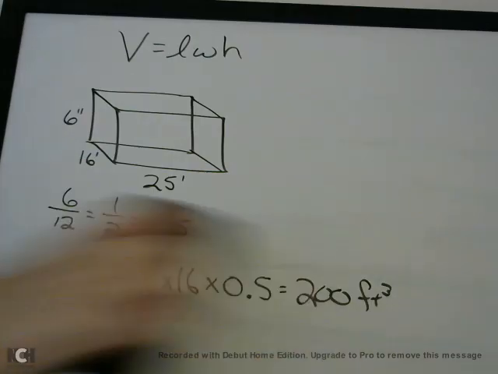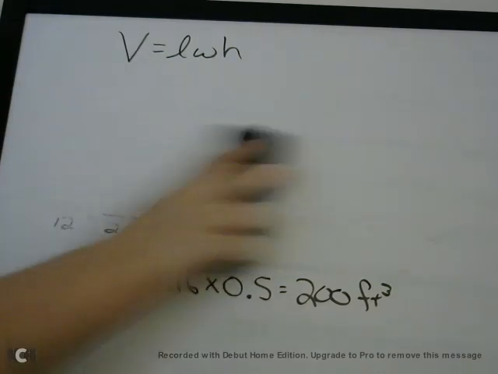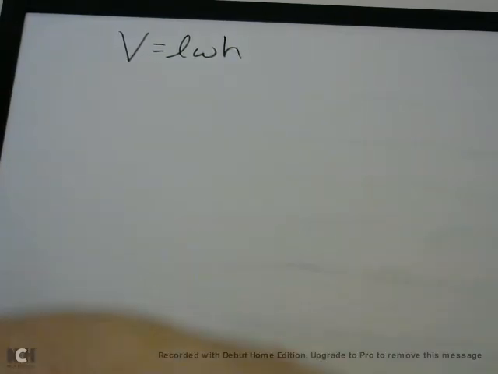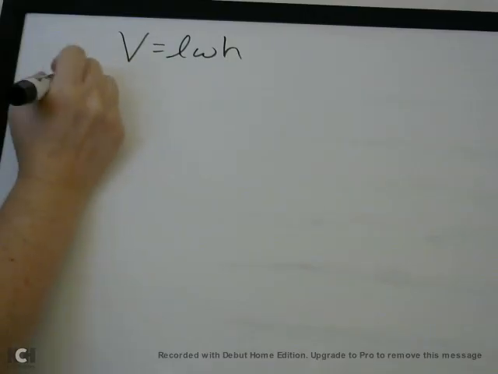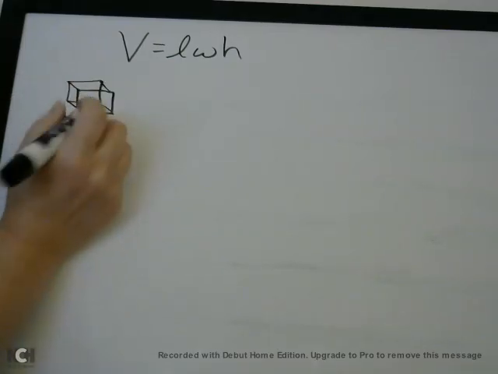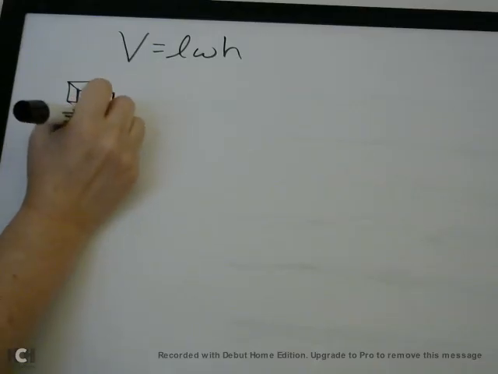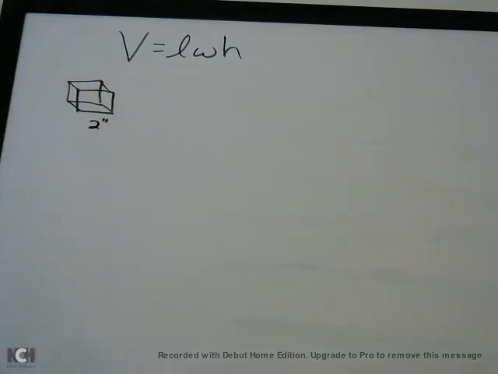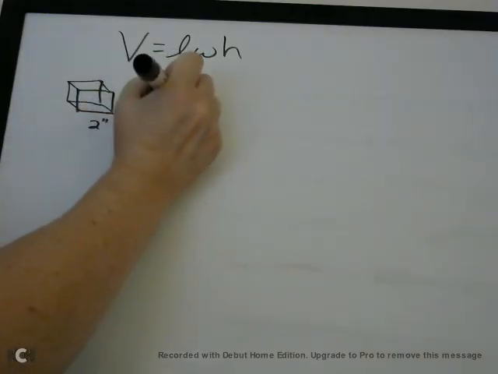Okay, we're going to do a little bit more involved problem now. So let's say we have toy blocks. All of the edges have the same length. So we have these blocks, and each edge is 2 inches. So this is a perfect cube. It's 2 by 2 by 2. And we are going to put it into a bigger box, like a little toy box.